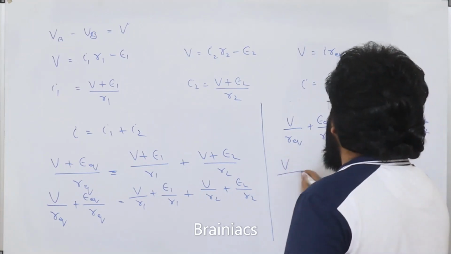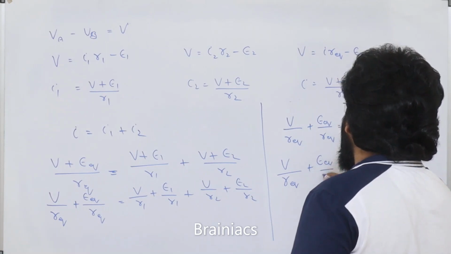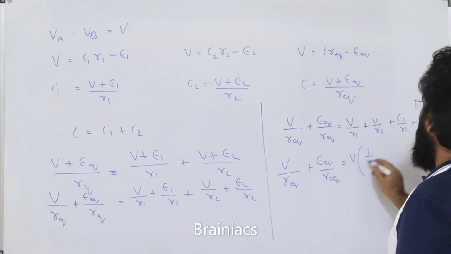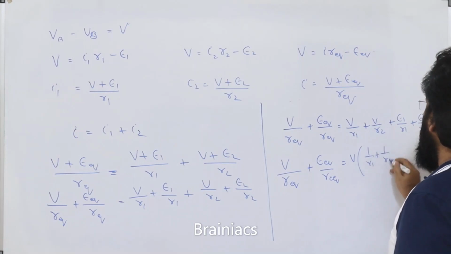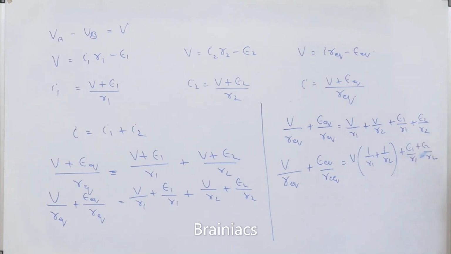Now I will take this V outside. I will be getting V into 1 by R1 plus 1 by R2 plus E1 by R1 plus E2 by R2. Clear?